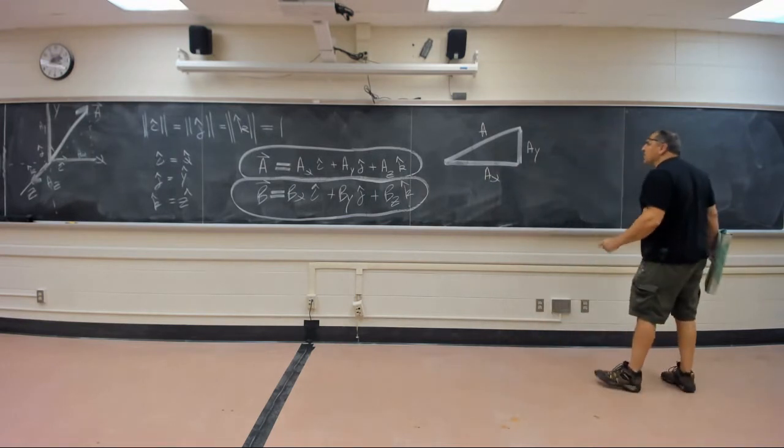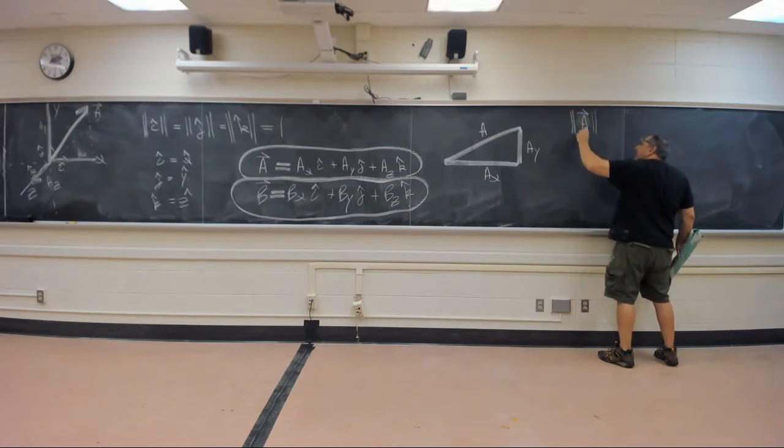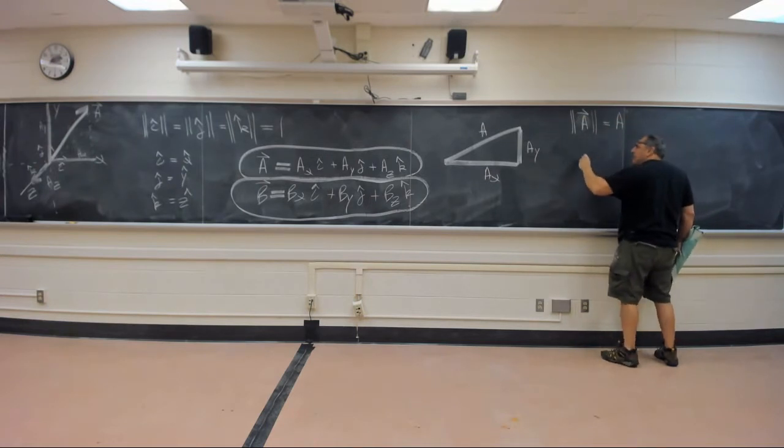A means the magnitude of A, the magnitude of a vector, or you can just put absolute value symbols. I'm kind of in the habit of doing this because the books I saw had this. The magnitude of a vector is a scalar.